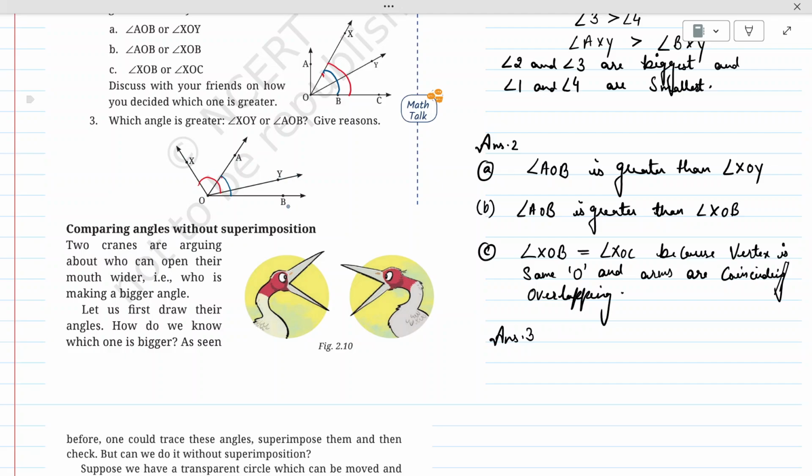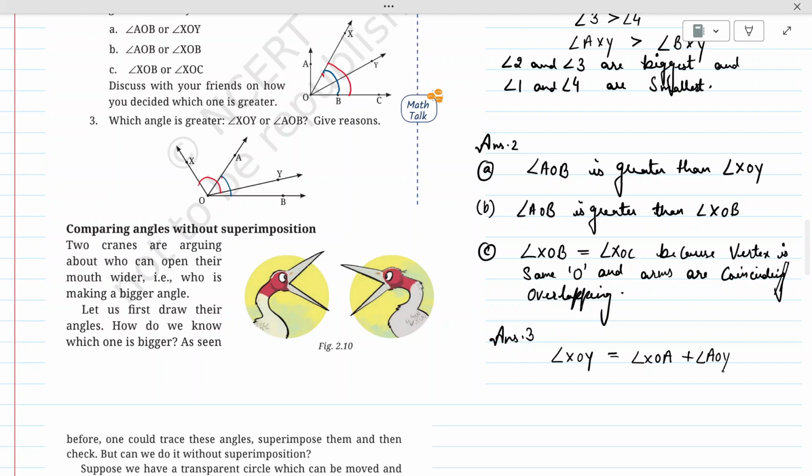So kids, just understand it this way. If you see this figure, let me break this angle XOY into two parts. Okay, how? Let us see. Angle XOY, this angle, is the sum of two angles, XOA, this one, and AOY. I'm writing here angle XOA plus angle AOY.